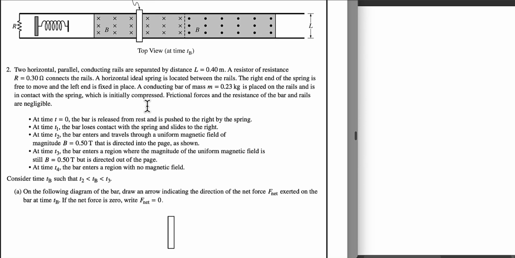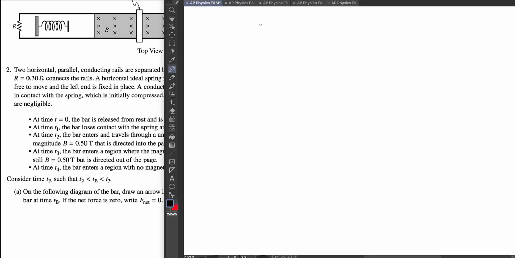Okay, so first we need to figure out the induced current direction. Here's the metal bar, and the magnetic field is into the board. That's the first magnetic field going into the board, or into the page.